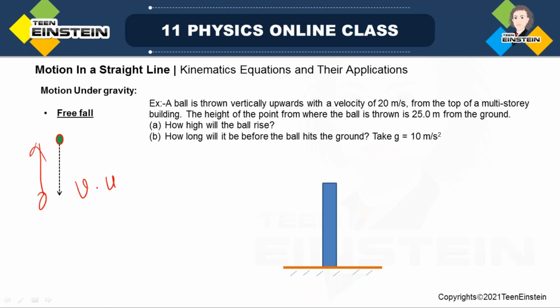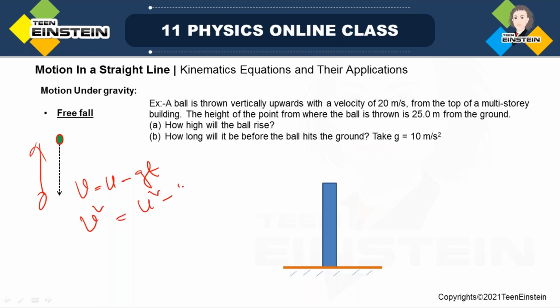As you throw an object to a height, you will see the object will go with decreasing velocity, and after a certain time it will lose its whole velocity and come to rest, and then it will again fall under gravity. Okay, so final velocity will be written as this.